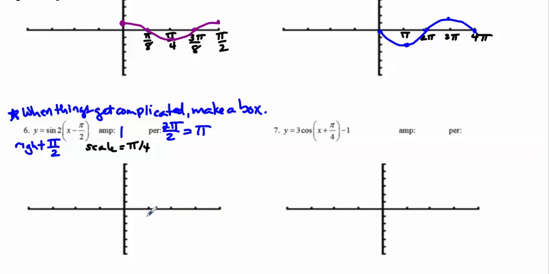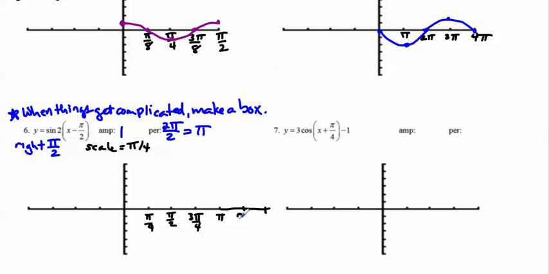So this is pi over 4, plus another pi over 4 is pi over 2, 3 pi over 4, and pi. And because I'm shifting right pi over 2, I'm going to need more numbers over here, so I'm going to continue on. Okay, so I need 1 here and 1 here.